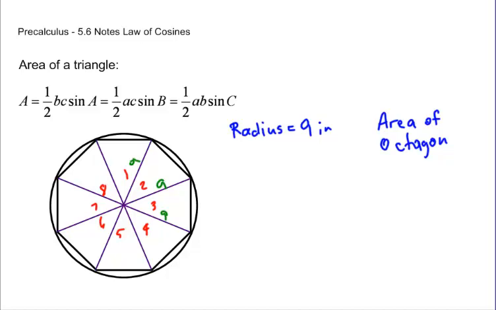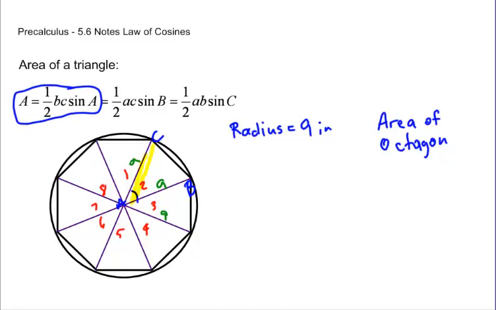And so if I know that I've got sides of 9s, and look at this, AC sine B, BC sine A. So if I take one of these triangles in here and label it, let's call A the middle, and then we can call this B and this C, then I don't know angle A, but I have sides B and C. So I would use this first guy right here, and I can find the area of this triangle.